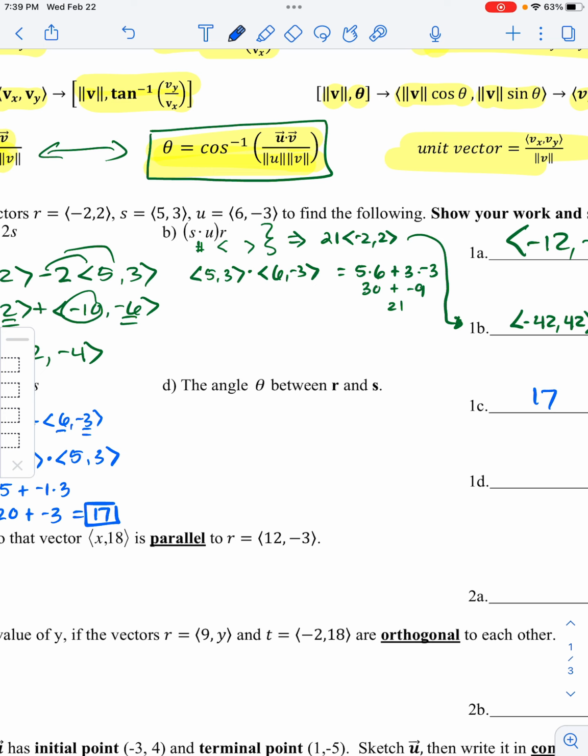Here I'm looking for an angle between, and since I'm straight up looking for the angle, I'm going to go ahead and use this formula where I do the cosine inverse. I'm actually going to scoot that out of the way because I need a little more space.